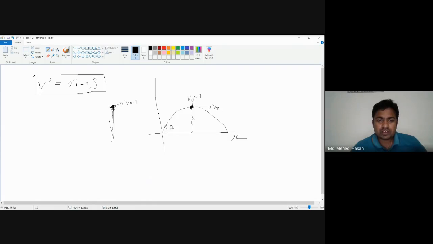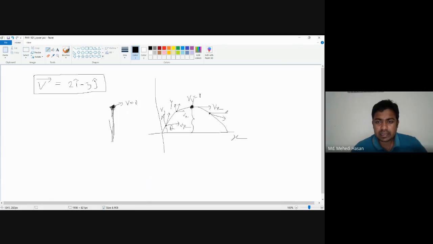Okay, now let's draw the components of velocity. Say this is the velocity, and this velocity has two components, vx and vy. This is the highest point.